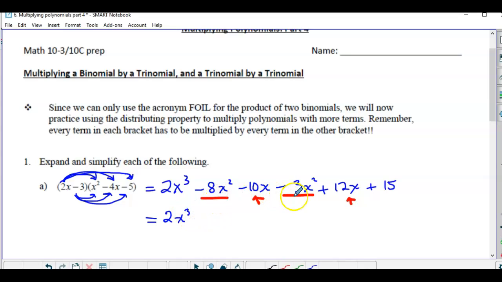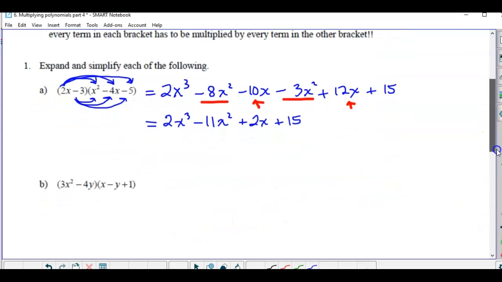Then negative 8x squared minus 3x squared is negative 11x squared, so subtract 11x squared. Negative 10x plus 12x is positive 2x, so plus 2x, and then plus 15. So we started out with 6 terms, ended up with 4. It really depends on what's in those brackets. Turned out they were in descending order of degree, sort of within each group, and then I showed it in descending order of degree.